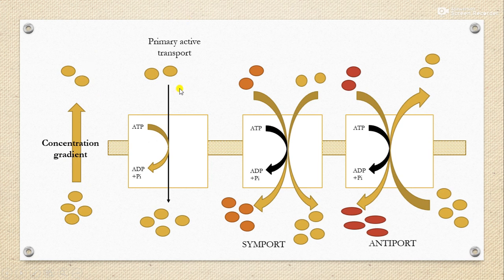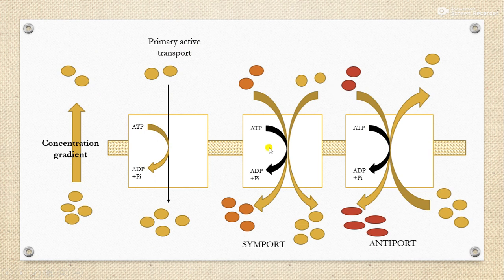The next section of the figure tells you about primary active transport, where the transport of drug takes place from a less concentrated region to a higher concentrated region by expenditure of ATP. So ATP gets converted to ADP.